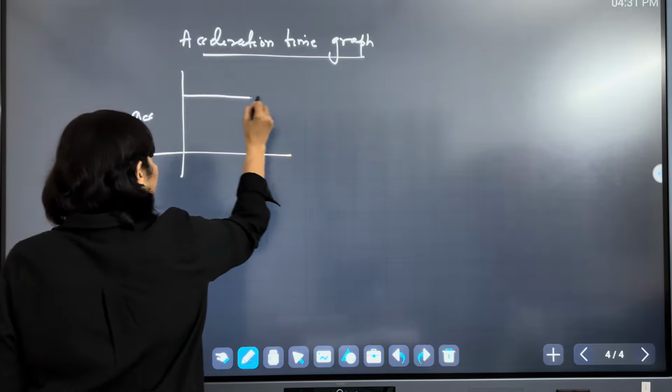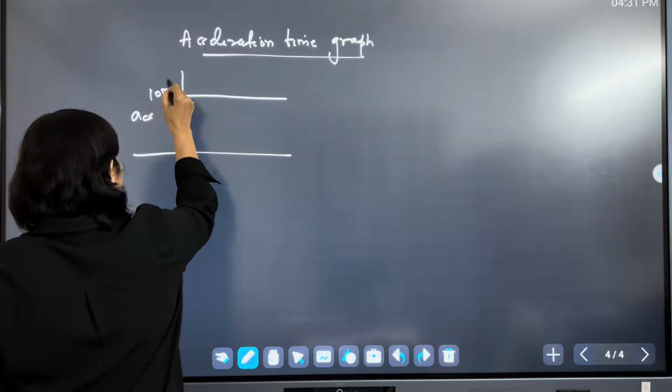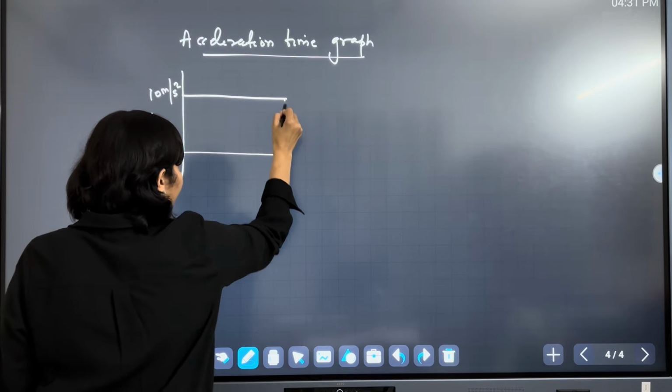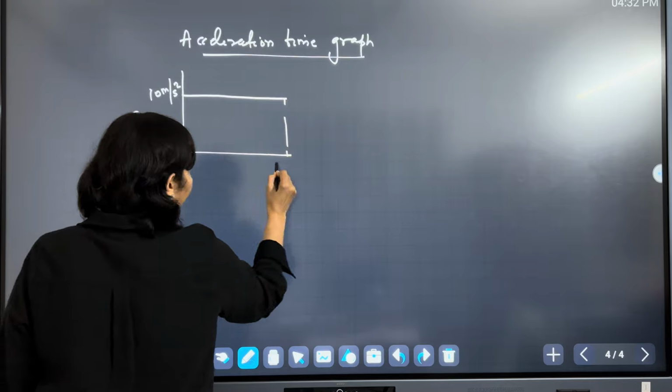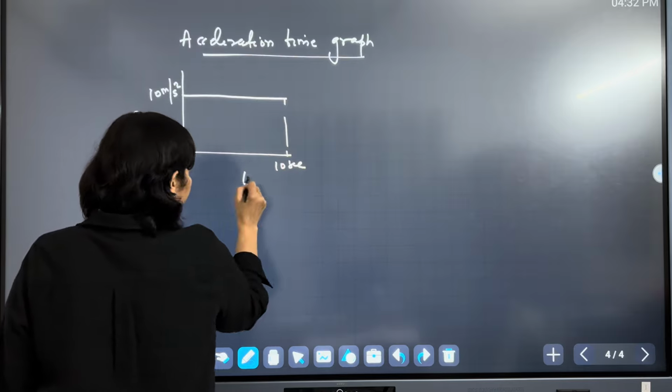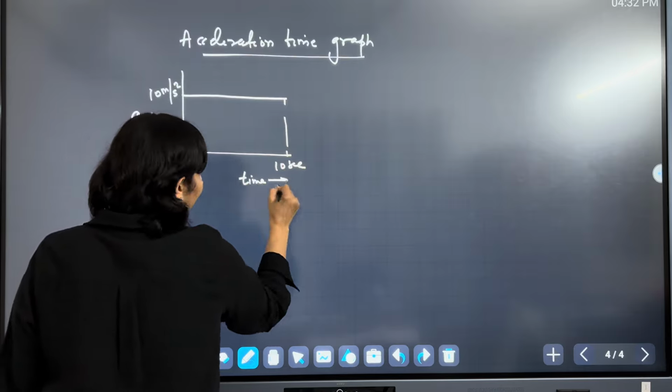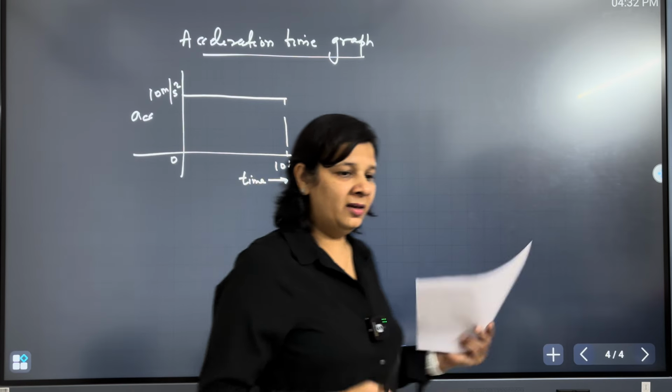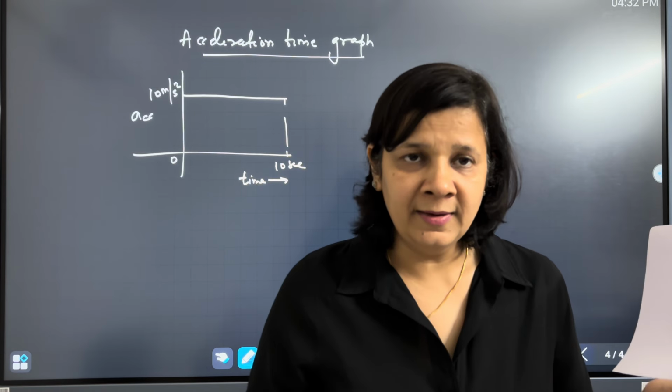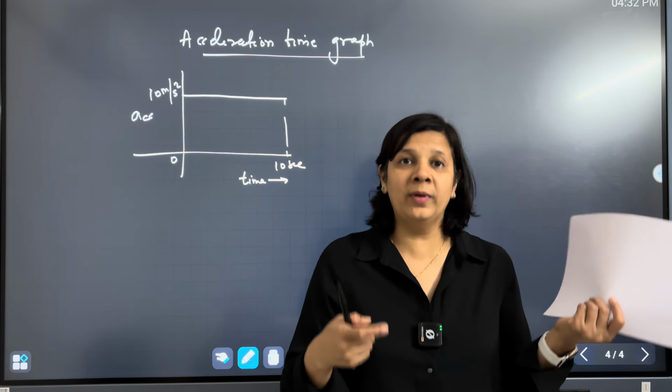Okay, for example, a car is moving with 10 meter per second square for 10 seconds. This is time, okay, in seconds. The acceleration of the car is 10 meter per second square.